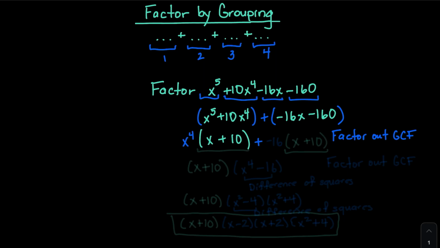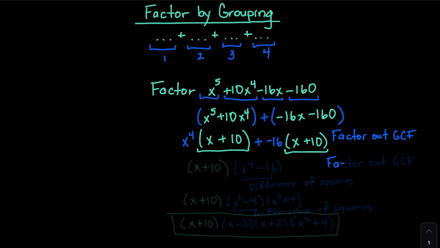GCF between -16x and -160 is going to be -16. -16x divided by -16 is x, and -160 divided by -16 is +10. Both terms I'm left with have x plus 10.